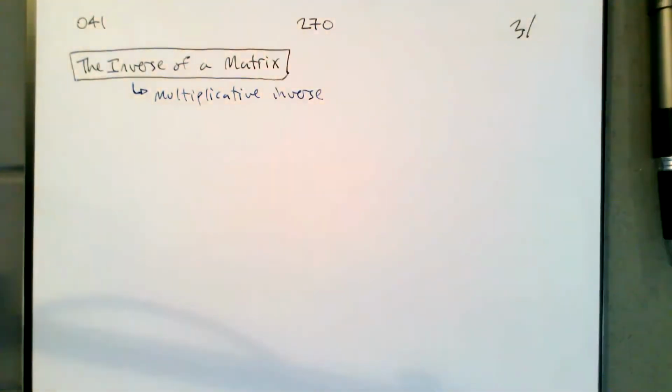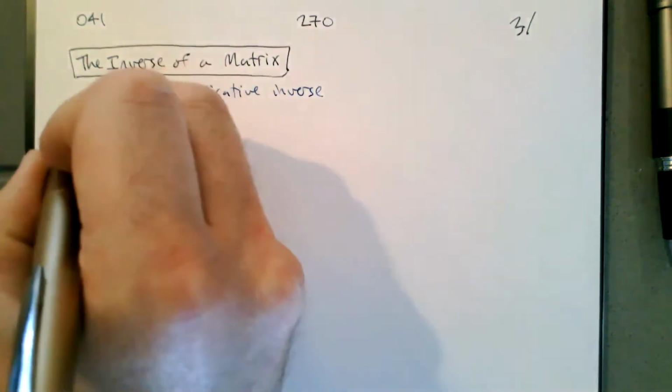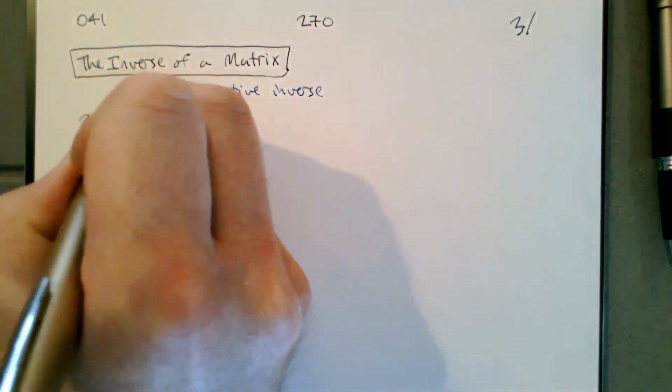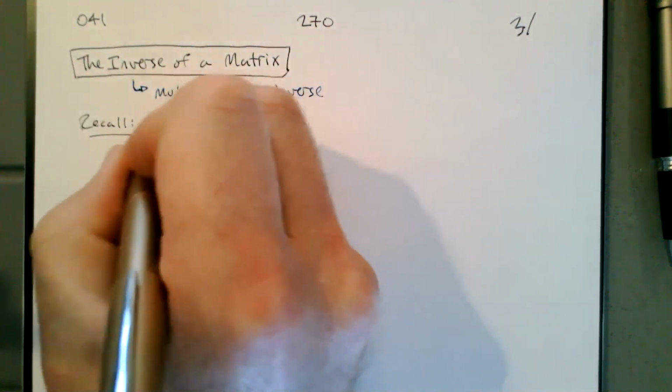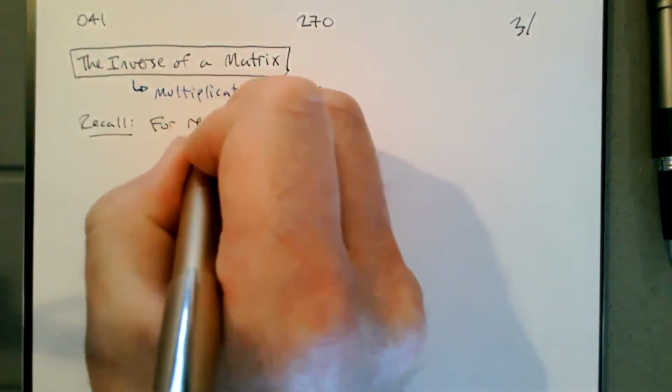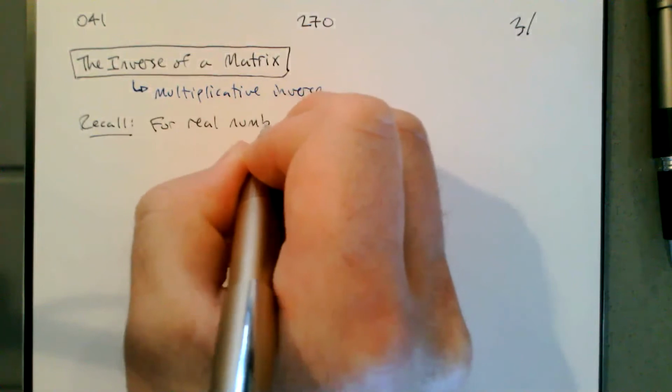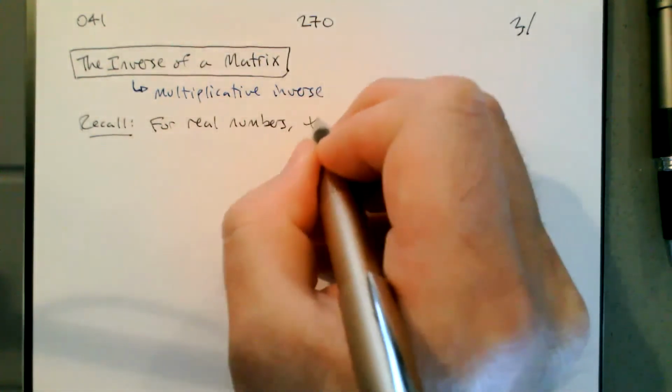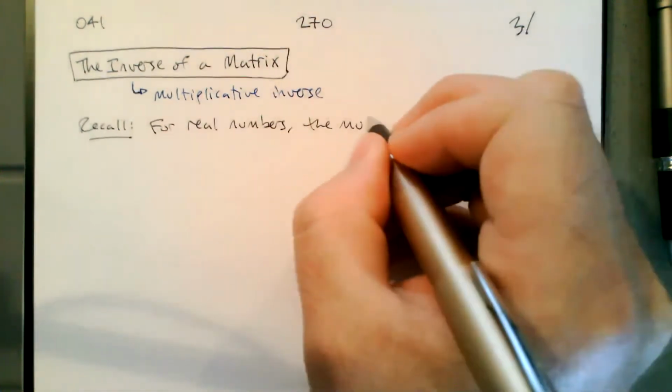So let's recall some things that we're going to need to develop this. Recall, for real numbers, the multiplicative inverse is a reciprocal.